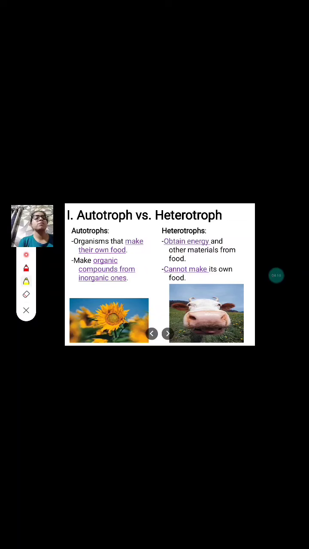In the autotrophic mode of nutrition, organisms are capable of making their own food, whereas heterotrophs are not capable of making their own food. They are totally dependent upon other living organisms.